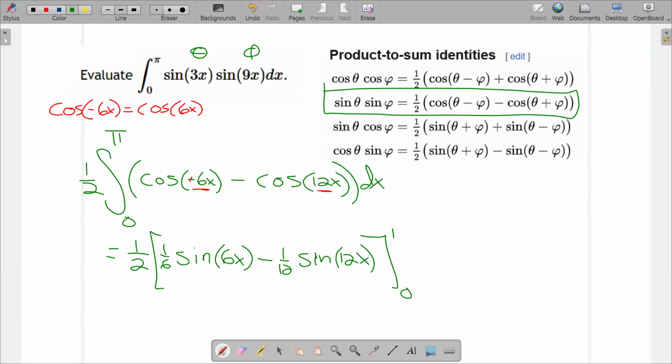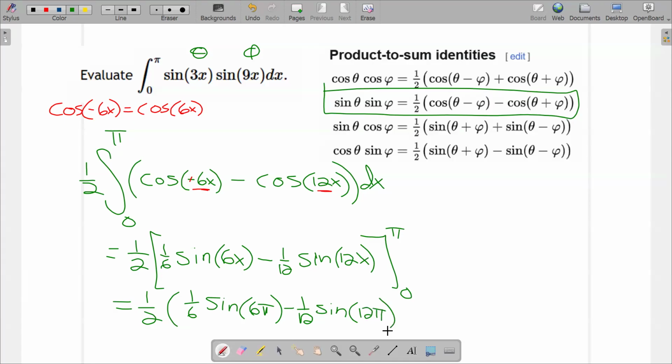And then it's just a matter of evaluating it from 0 to pi. So I'm going to get 1/2 and then 1/6 sine of 6 pi minus 1/12 sine of 12 pi.